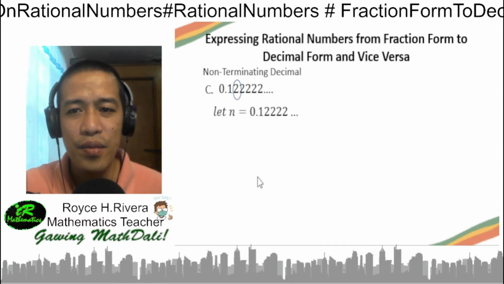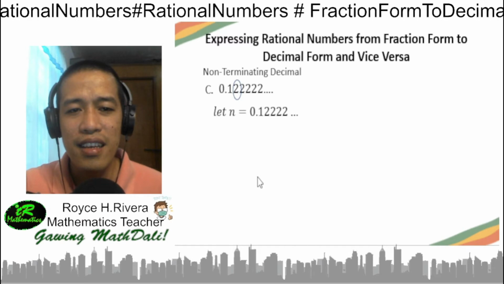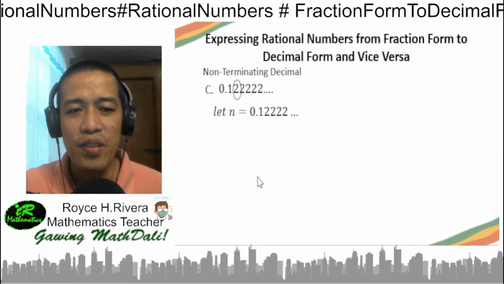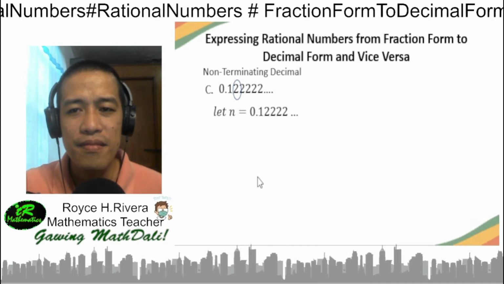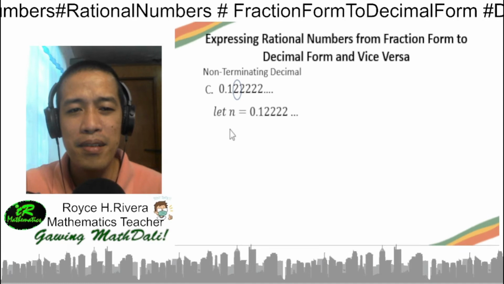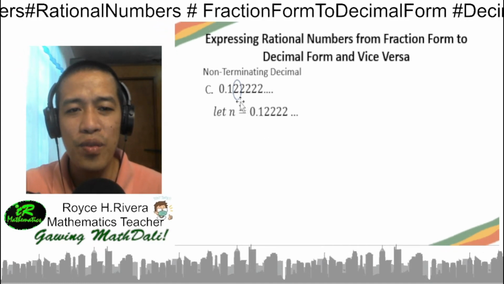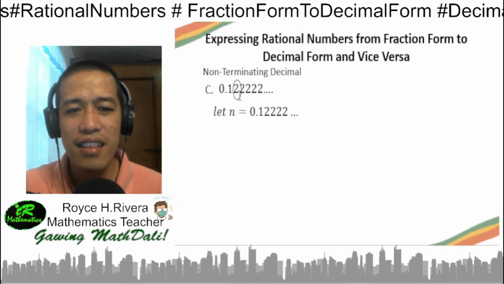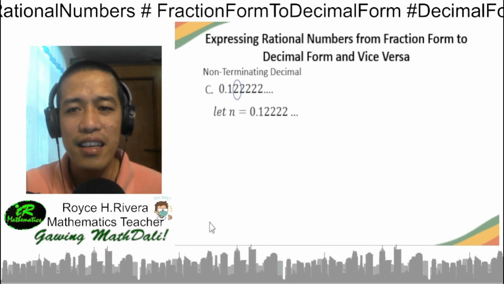Now, we let n be the non-terminating decimal 0.122222, and we will multiply this by the proper power of 10. Since there is one repeating digit, we will multiply n by 10 raised to 1.